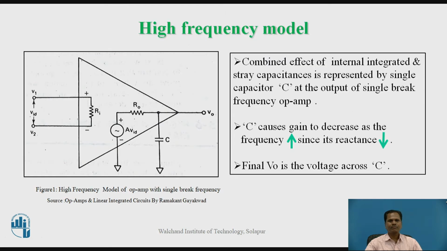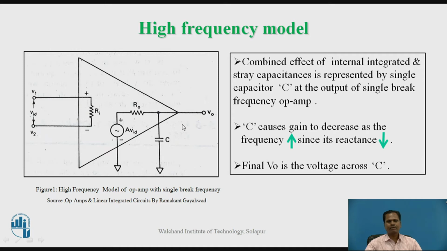Now let us think about the high frequency model, that is, the high frequency AC equivalent circuit for an operational amplifier. This figure shows the high frequency equivalent circuit for a single break frequency operational amplifier.